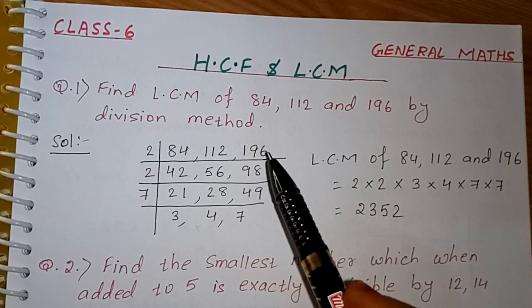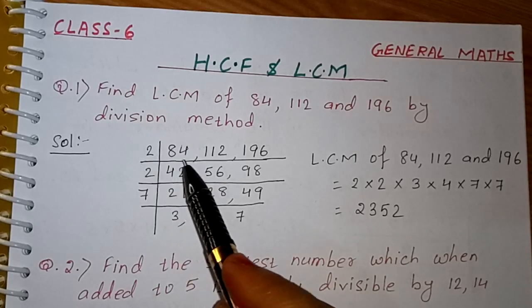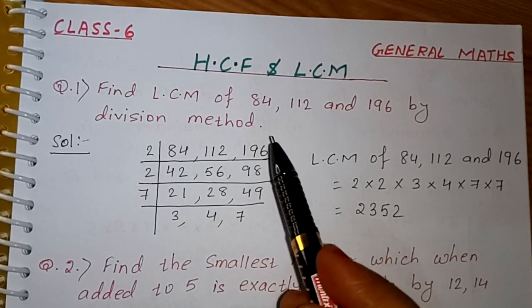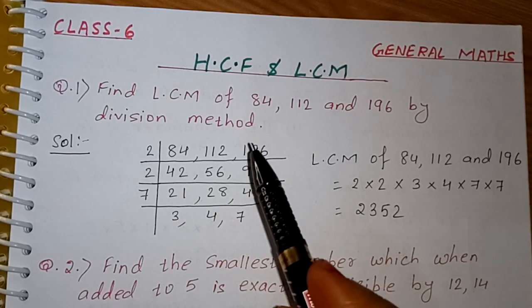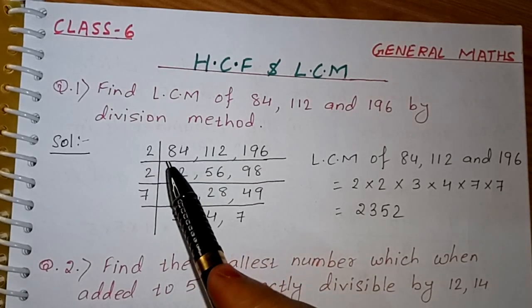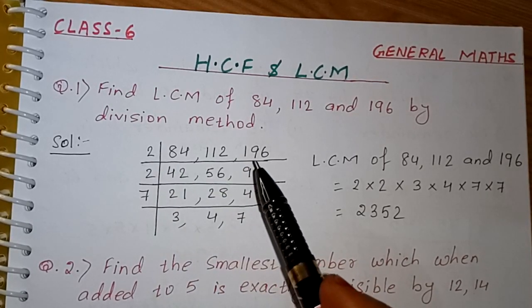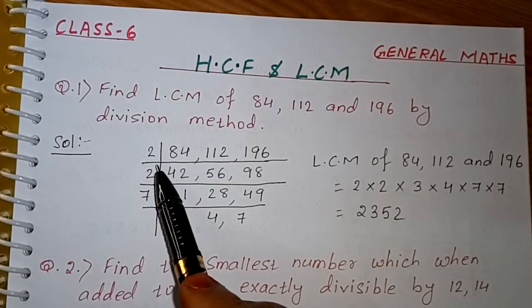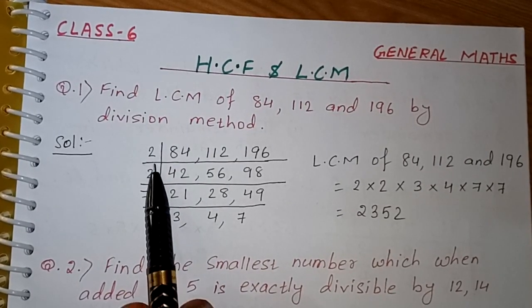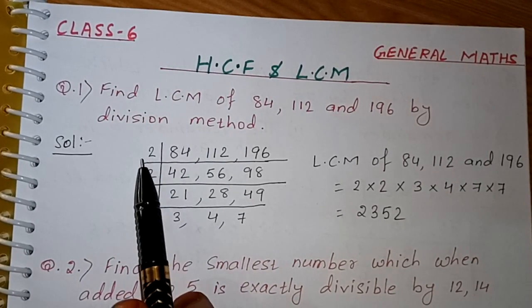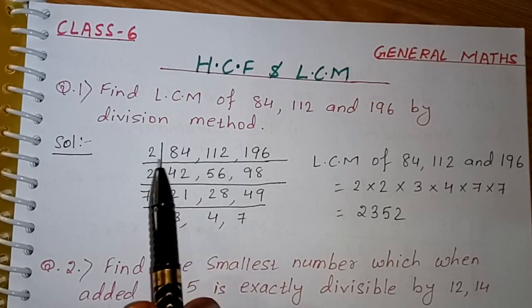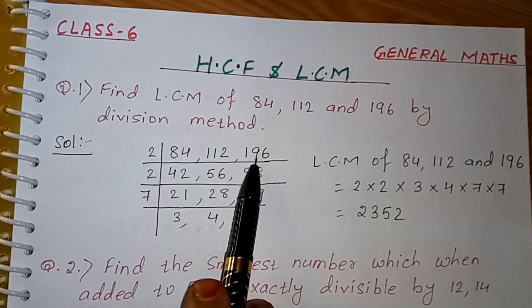Okay, minimum two numbers. It can divide all the numbers also, or a minimum of two numbers or one number. Like that, you have to choose a prime factor. So I have taken 2. So 2 fours are 8, 2 twos are 4, so 84 gives 42; 2 fives are 10, 2 sixes are 12, so 112 gives 56; and 2 nines are 18, 2 nines are 98, so 196 gives 98.